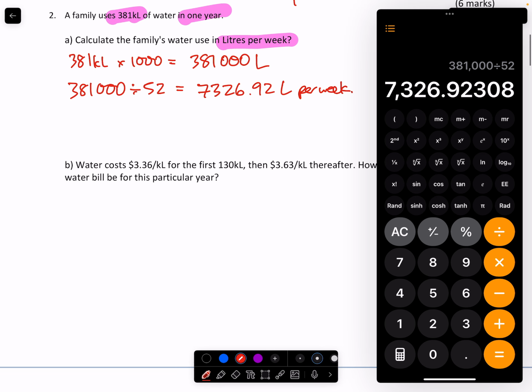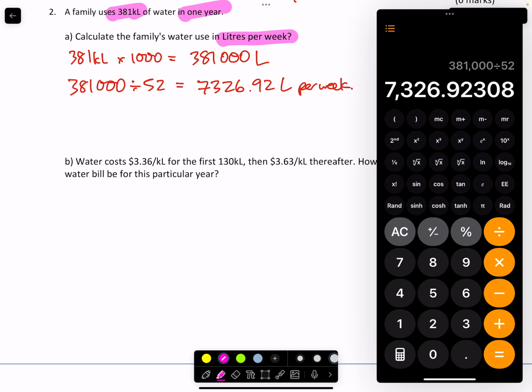Water costs $3.36 per kiloliter for the first 130, then 3.63 per kiloliter thereafter. How much would the water bill be for this particular year? Well, we know that they've used 381, so they're definitely going to use 130 kiloliters at the first rate, but we need to know the thereafter.